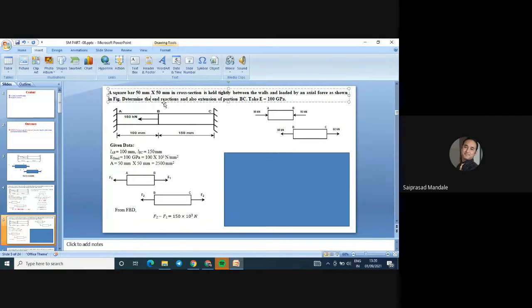Determine the end reactions, that is F1 and F2, and also find the extension in portion BC.